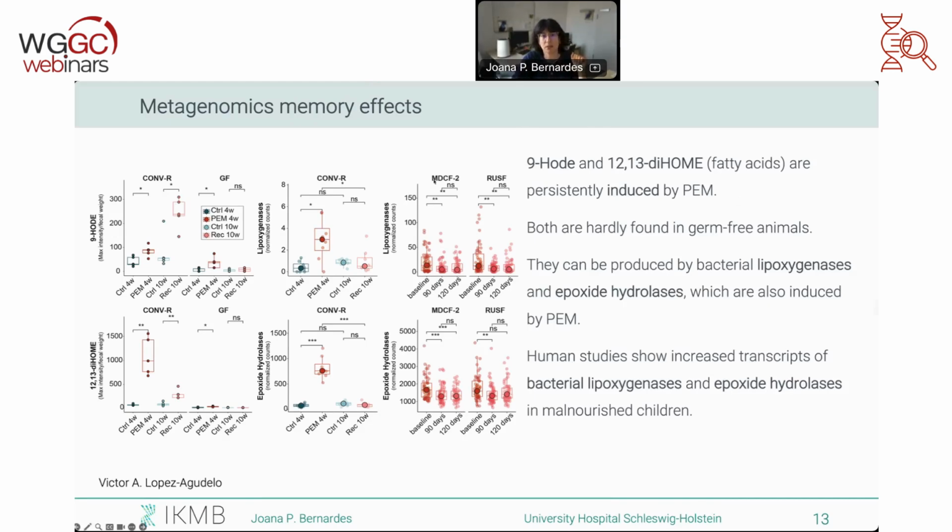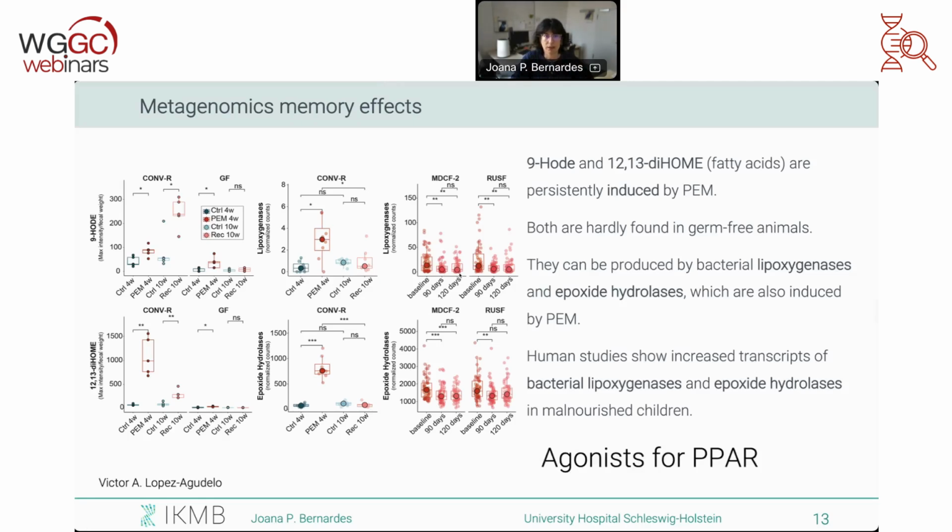You can see here MDCF2 and RUF, which are supplements added in the refeeding process, and these enzymes decrease as the children are being refed.